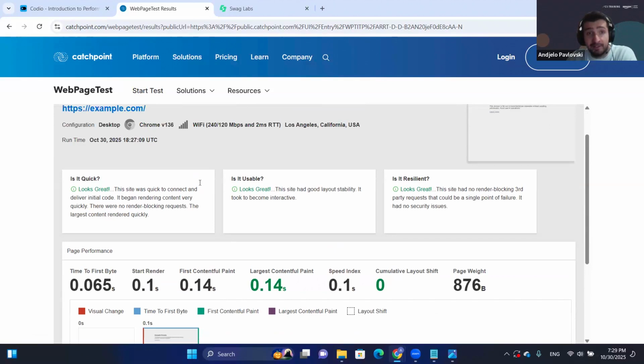The first thing you will notice is some, let's say, fairly straightforward summarized information. So, is it quick? Looks great. Site was quick to connect, and so on and so forth. Is it usable? Looks great. This site has good layout stability, looks to become interactive. Is it resilient? Site had no render blocking third-party requests.